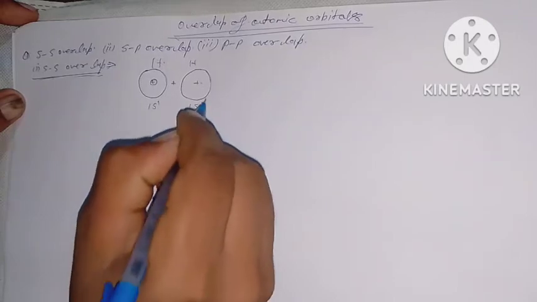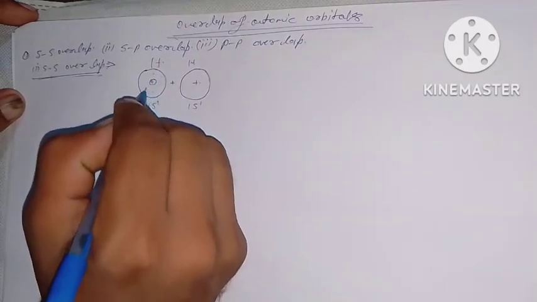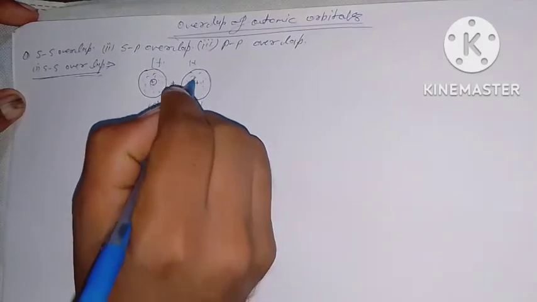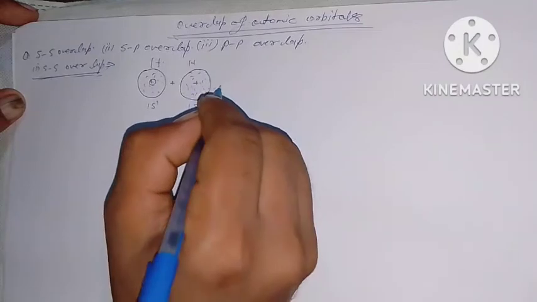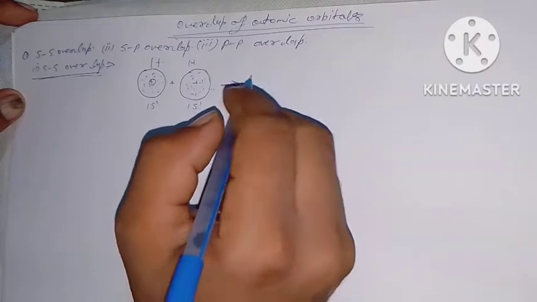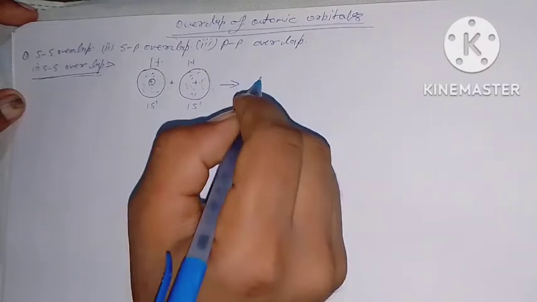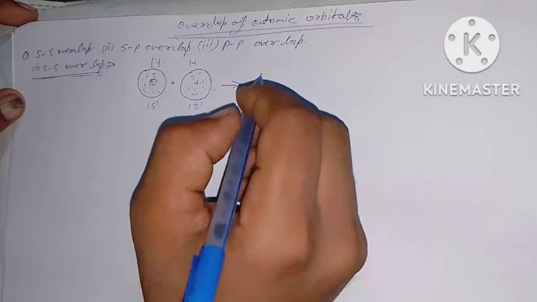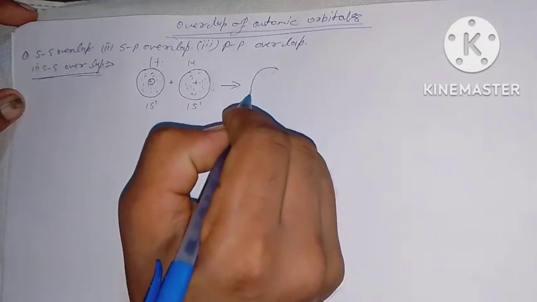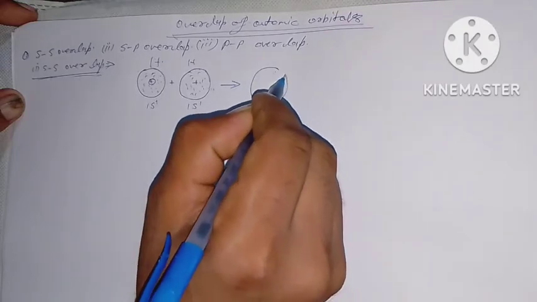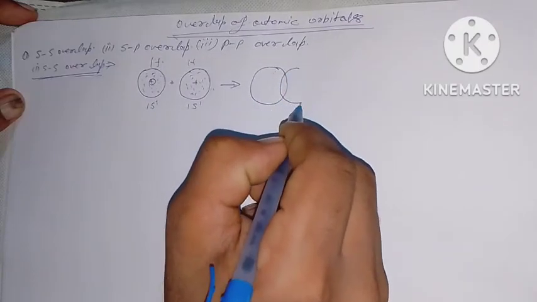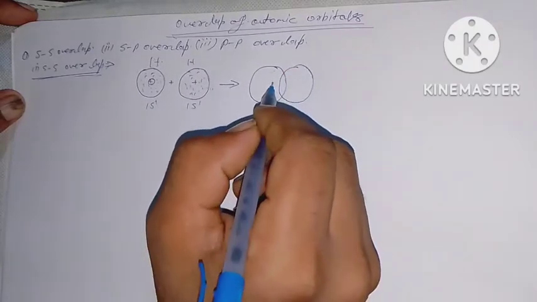Each hydrogen atom has 1s1. After the formation of the molecule, the hydrogen atoms are converted into a molecule. This is after overlapping.